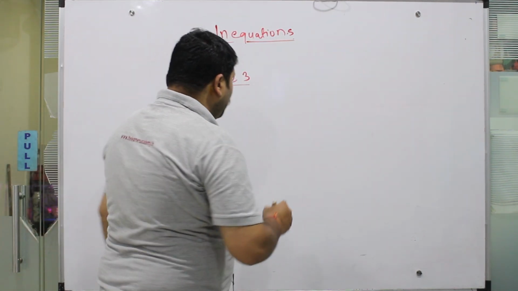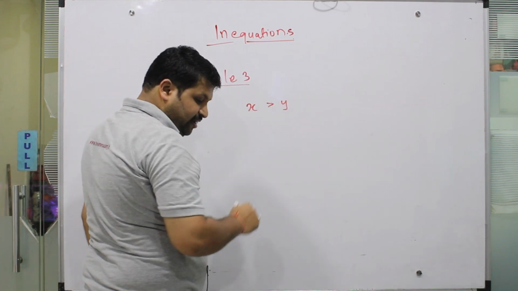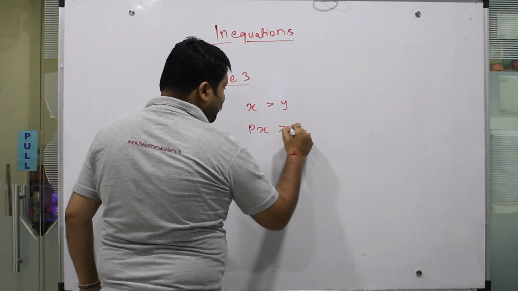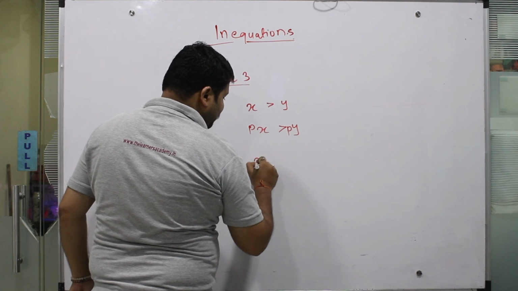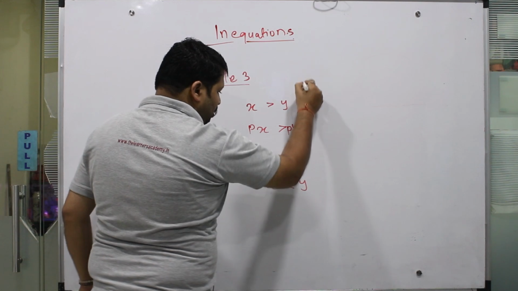So say if I have x is greater than y, then Px will be greater than Py. If x is less than y, then Px will be less than Py.